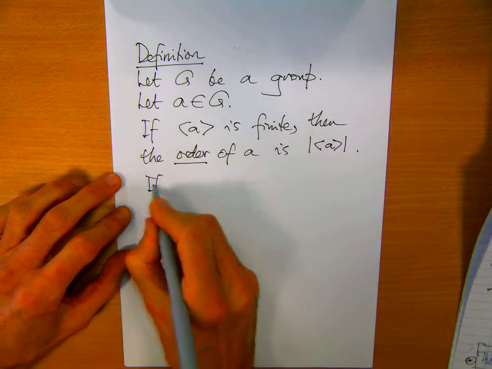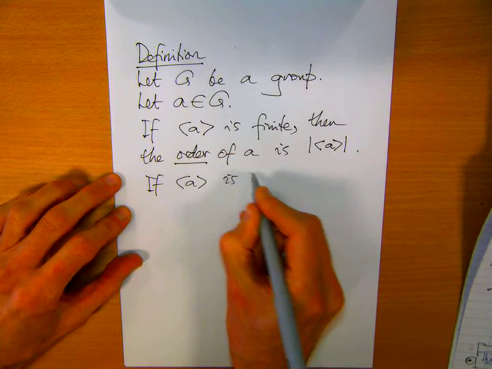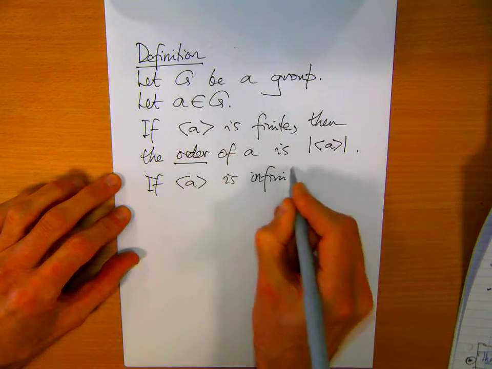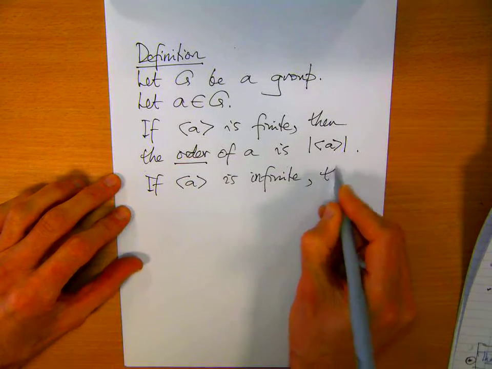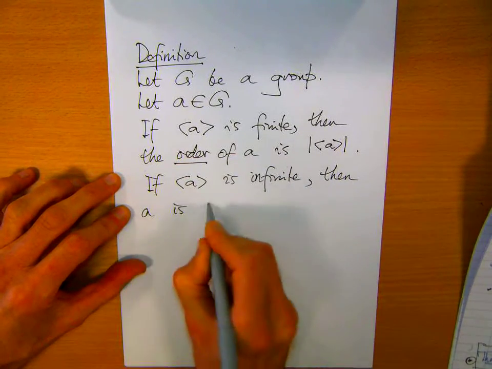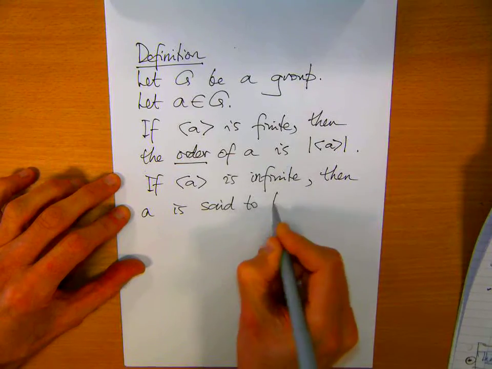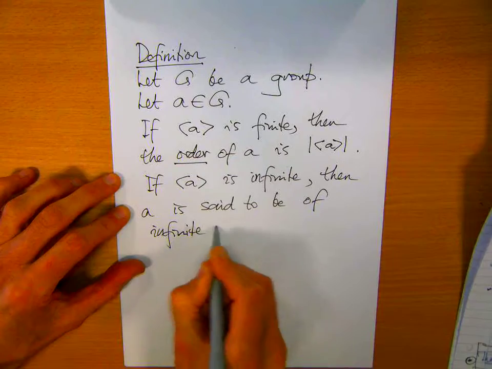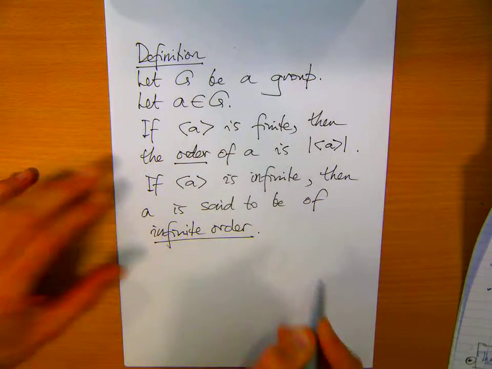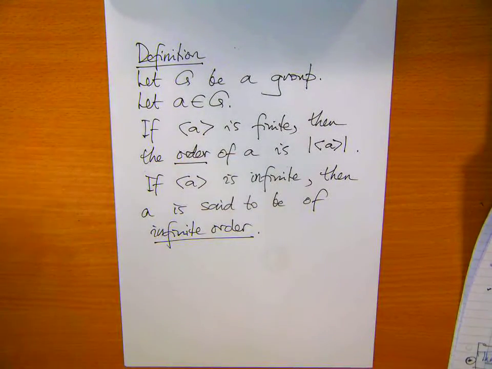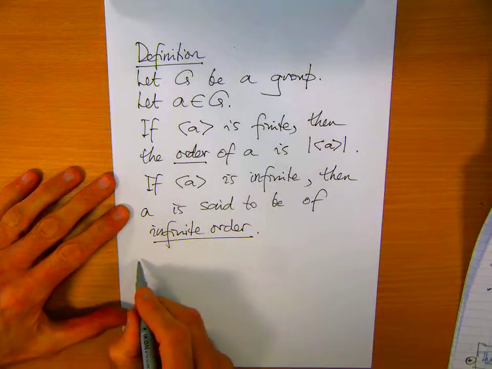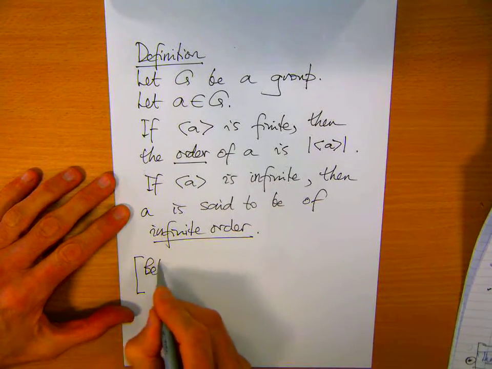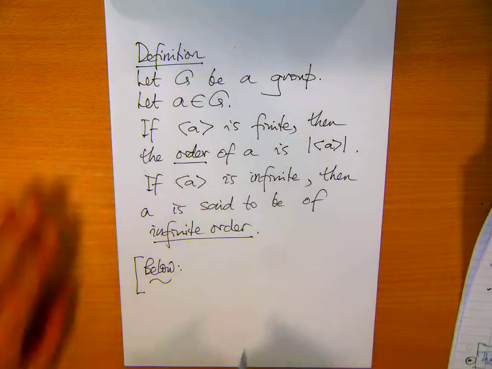Well, if the other alternative holds, which is that the cyclic subgroup is infinite, then a is said to be of infinite order. So there's no actual numerical value associated. We just say that a is of infinite order. And just a little advert for what we're going to do later, but again it's something that you should have seen in your reading.